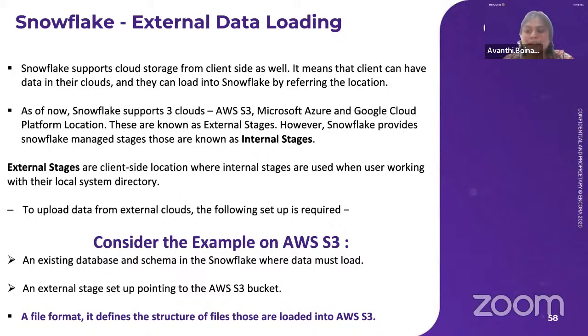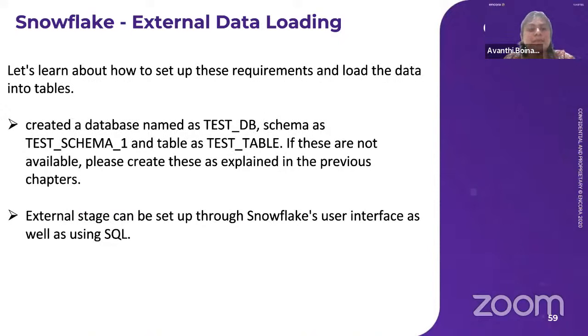So we need to set up an external stage in AWS S3, the S3 bucket. A file format defines the structure of the files that are loaded into AWS S3. Let's learn about the requirements and load data into tables.